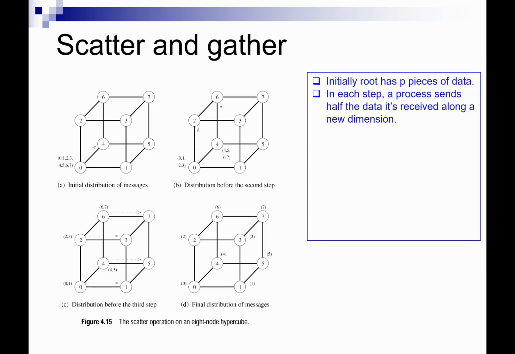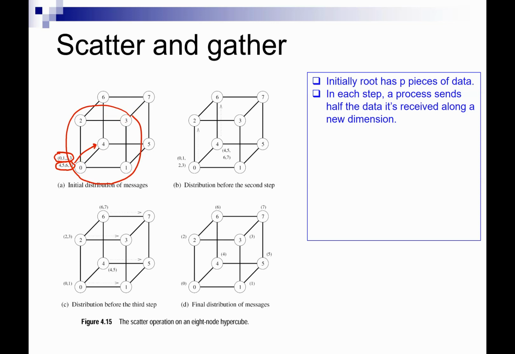In particular, we split the values into the first 4 values and the next 4 values, and you take the second half of the problem and pass it to process 4.